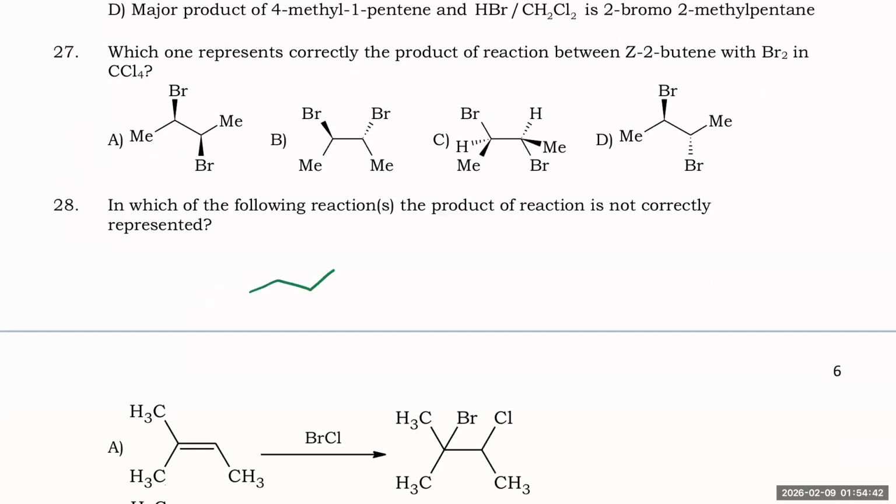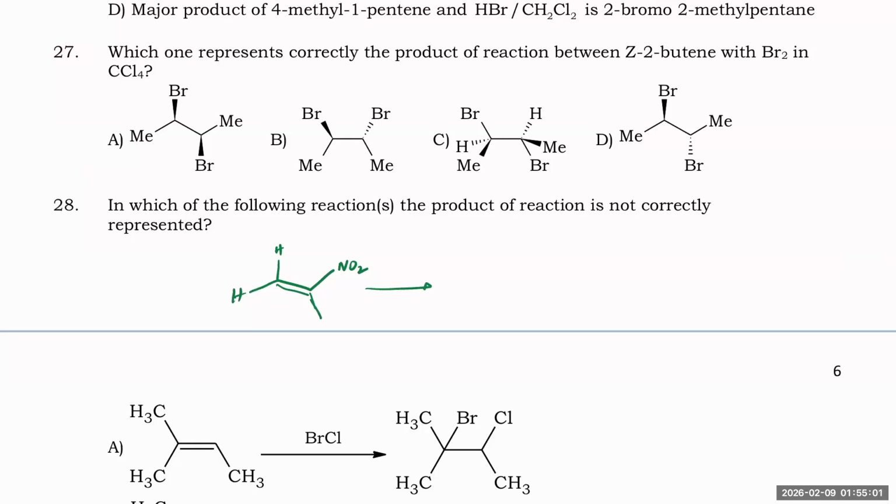If you have, let's say, here we have hydrogen, methyl, a double bond, but on the other hand, we have NO2. Or let me say these two are hydrogens here and NO2 is there.